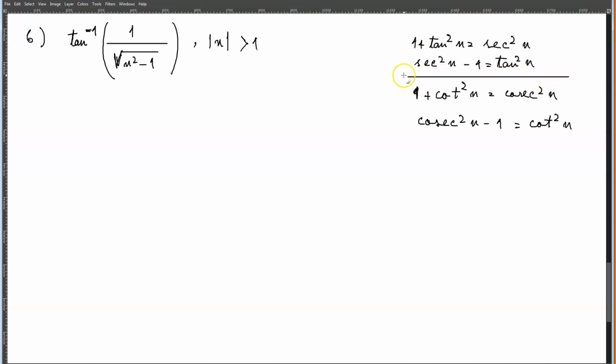So basically tan squared x is equal to secant squared x minus 1, cot squared x is equal to cosecant squared x minus 1, right?